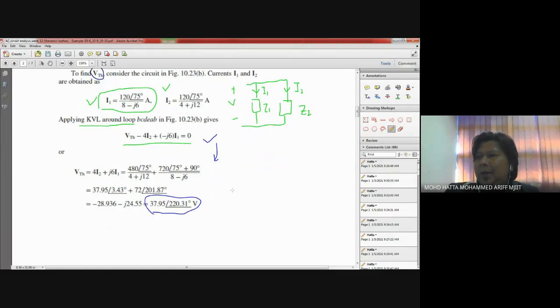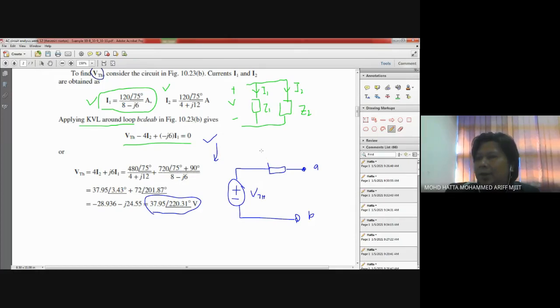And remember that our main objective is to come out with a circuit consisting of two elements connected in series, which is the value of our VTH as well as our ZTH over here. And this is our terminal. This is the value of VTH, and you should write down the value of VTH later on in your solution.